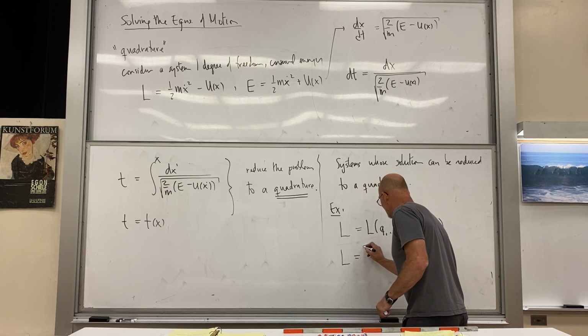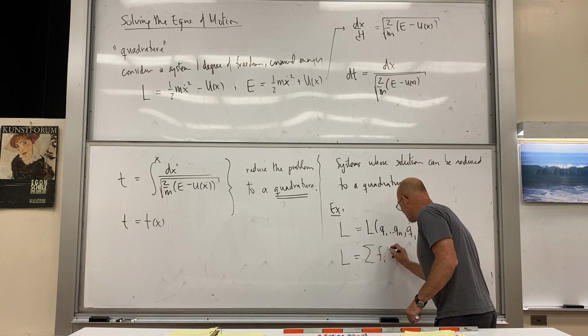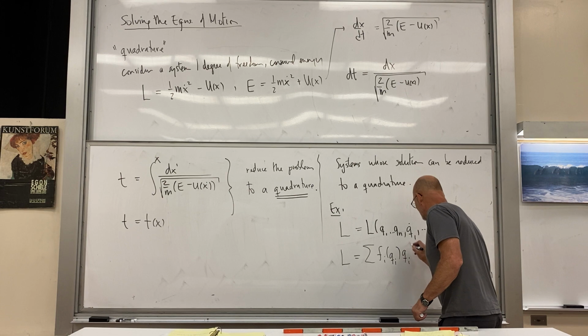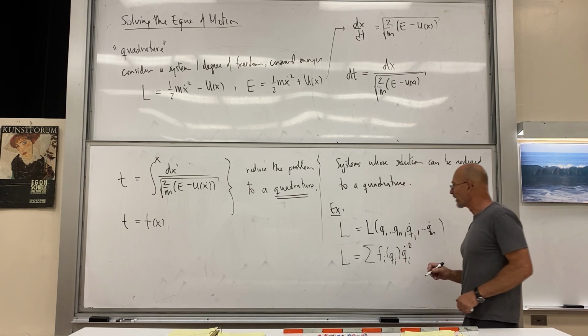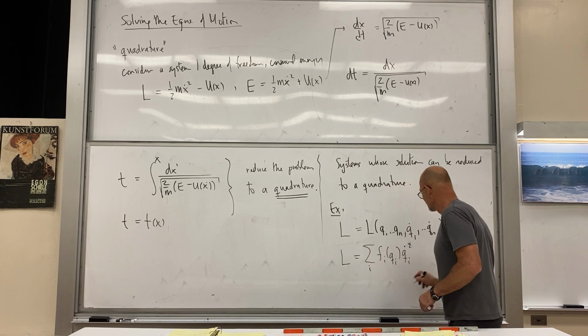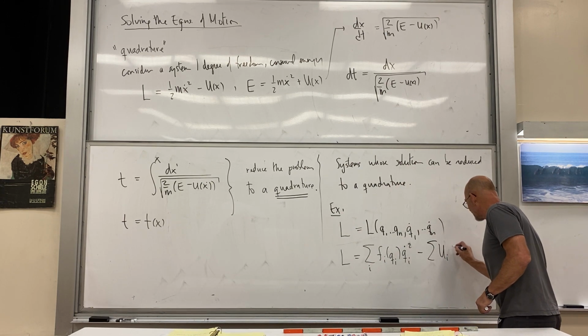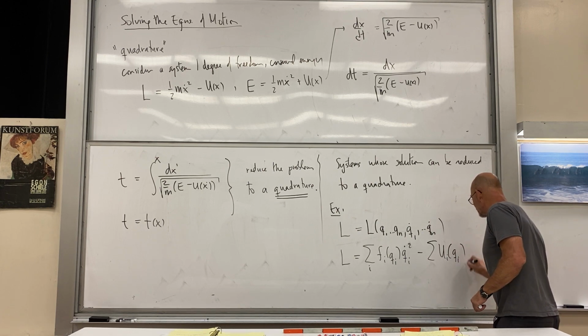It is the sum of f sub i of q sub i dot squared minus the sum of U sub i of q sub i.